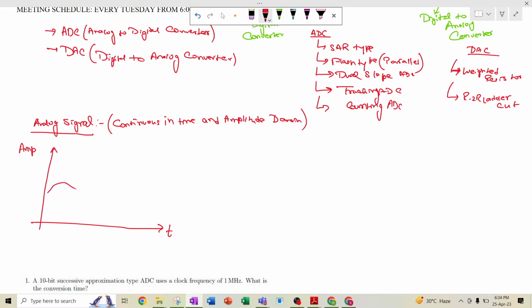The analog signal can take any value, ranging from, say, 0 volt to 8 volt. Suppose this is V, the analog voltage V(t), which depends on time, and it varies like this. So how can we convert this analog signal to a digital signal?